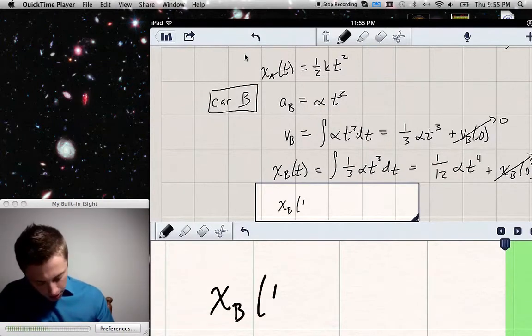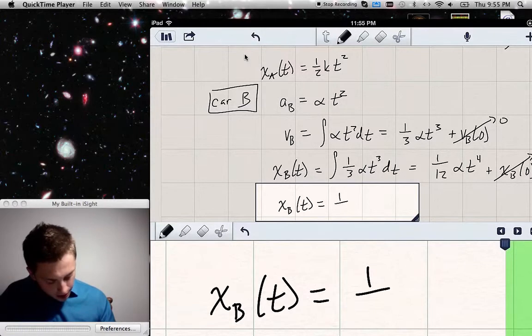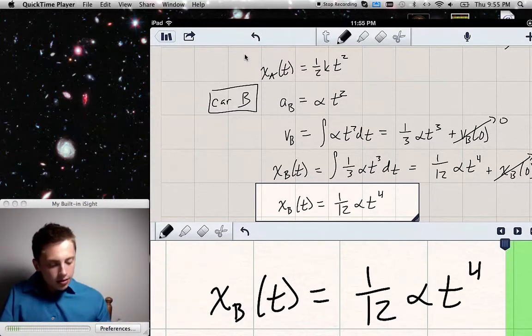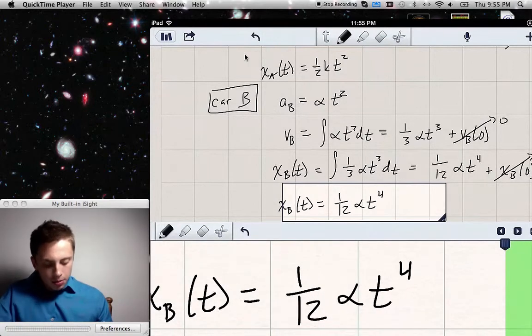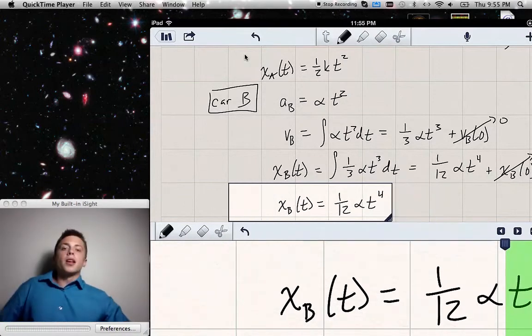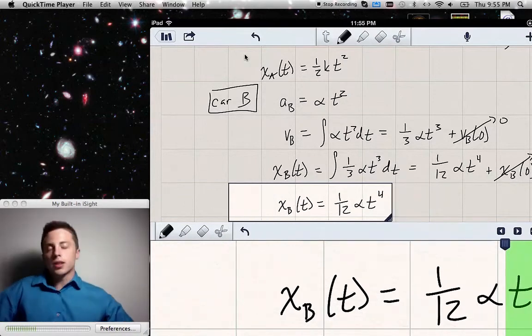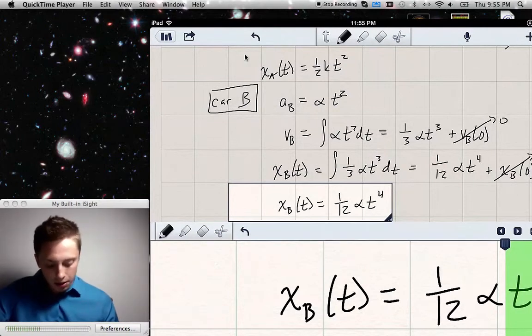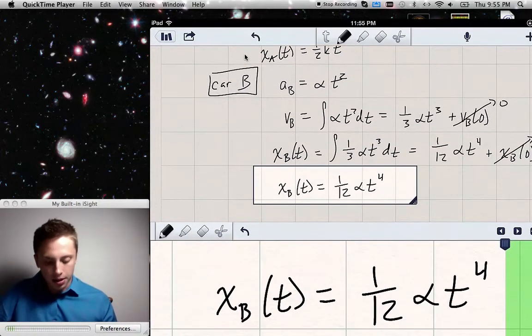Now we know the coordinate of car B. At any time t, we can plug in t equal to 5 seconds, for example, and then we just multiply it by this given alpha, after taking it to the 4th power, of course, divide by 12, and that gives us the x-coordinate of car B at any time. At 5 seconds in that case, but in general we have it at any time now.